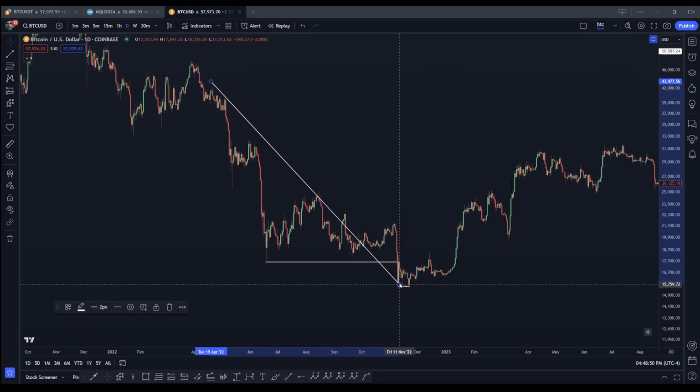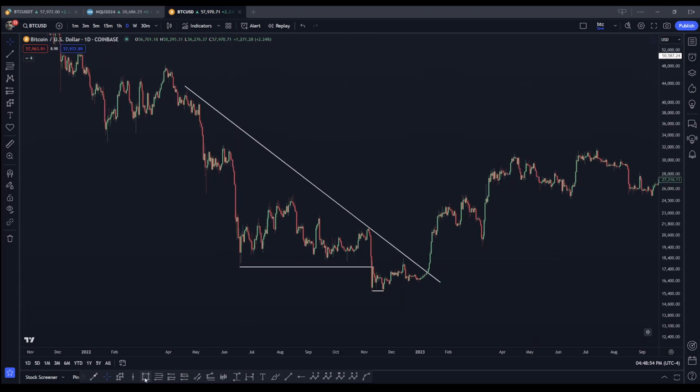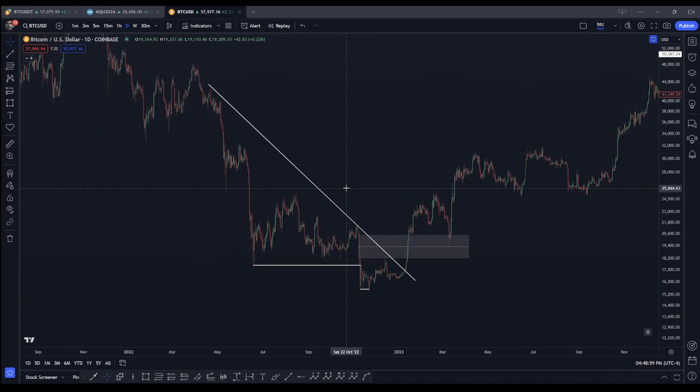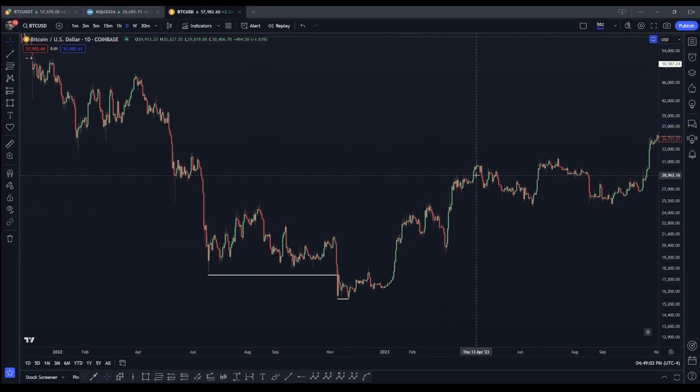So when you have that combined with the manipulation leg, and there's an IFVG right here, it's a very high probability that it's gonna run. So those are my thoughts on Bitcoin.